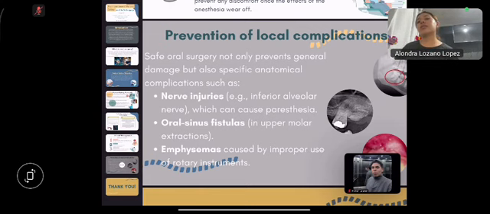Second is oral sinus fistulas. In upper molar extraction it is most common because this is nearer to the sinus. And third, emphysemas caused by improper use of rotatory instruments.